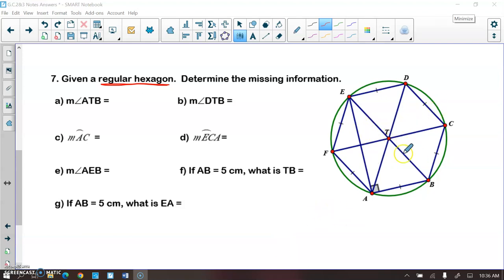We can find these angles here. These angles create a full circle, which adds to 360. So 360 divided by 6 leaves us with these angles being 60 degrees each. So all these central angles are 60 degrees.